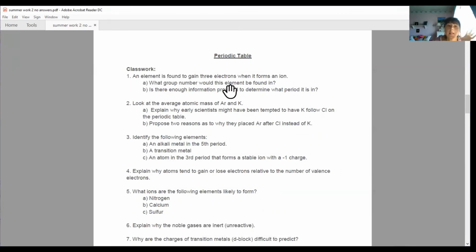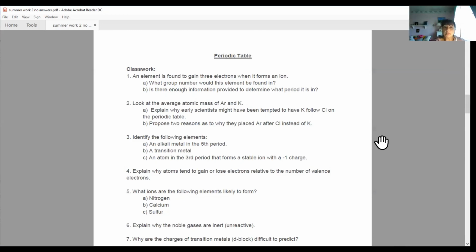An element is found to gain 3 electrons when it forms an ion. What group number would this element be found in? It has to be in group 15, because it can only be nitrogen, phosphorus, arsenic, bismuth, and antimony.